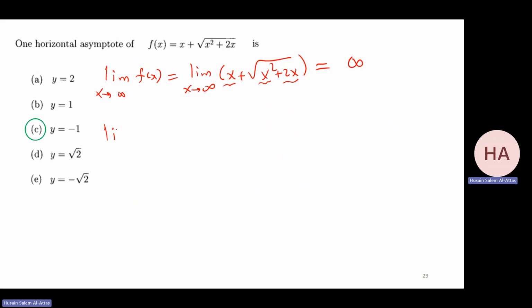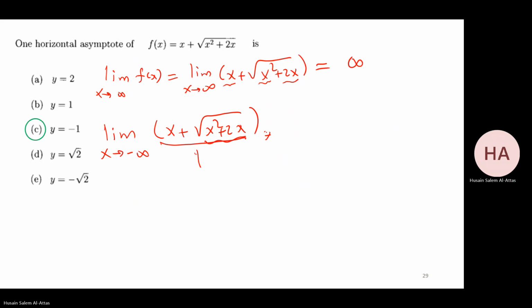I need to check the other side. The limit as x goes to minus infinity of x plus square root of x squared plus 2x. Here I have a problem since I have infinity minus infinity. So it means what? I need to manipulate the function over 1, multiply by the conjugate, and do the calculation.